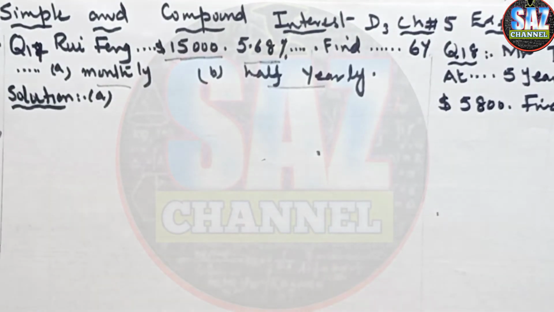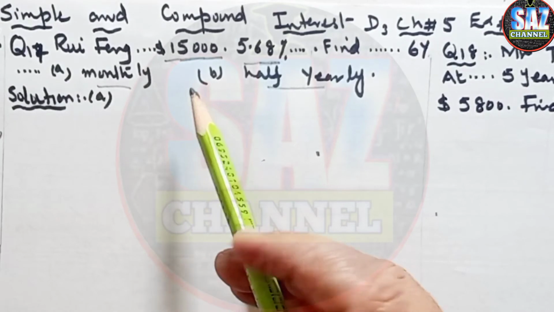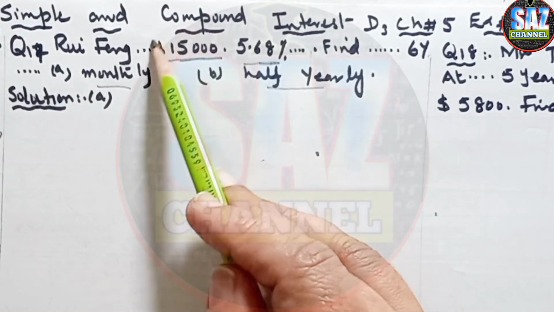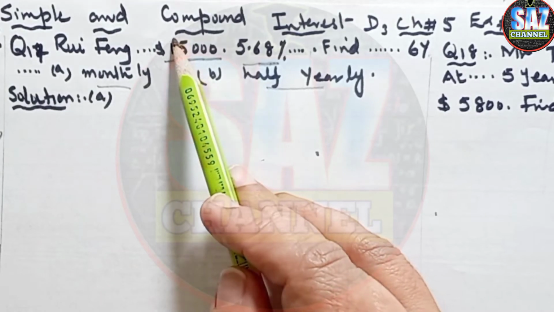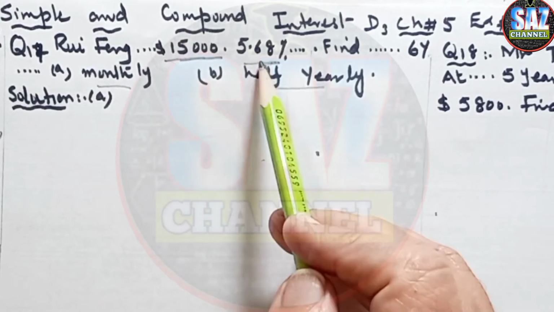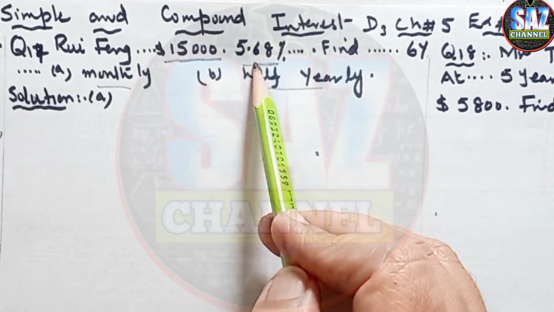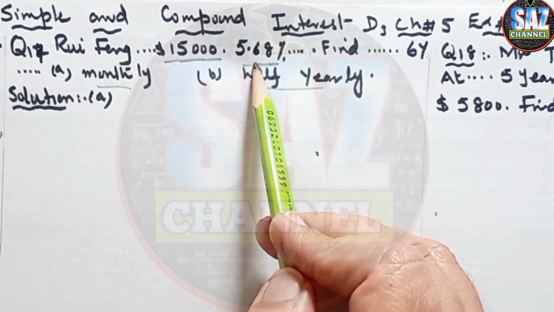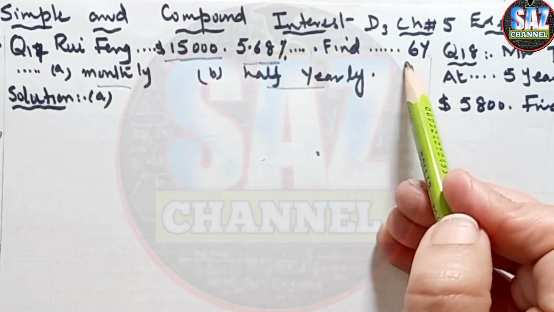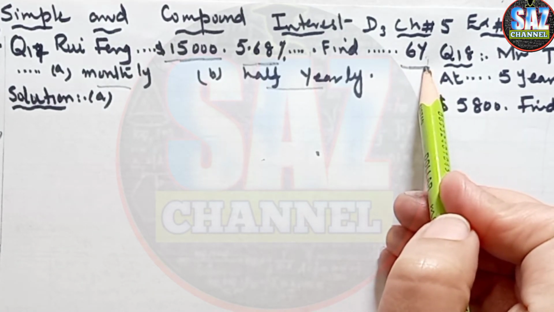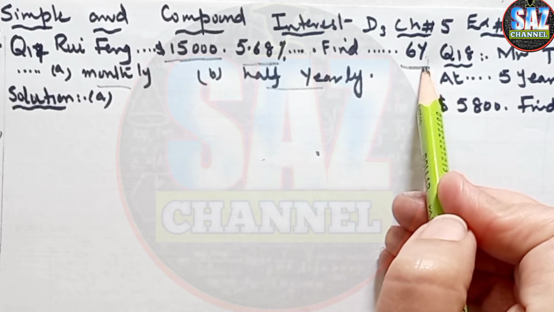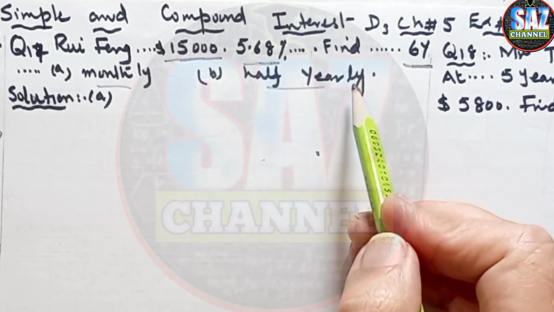Okay, let's try to understand the question. Now, Rui Feng is depositing $15,000 in the bank account, which is giving 5.6% compound interest. We have to find the total amount in the account at the end of 6 years, when the interest is compounded monthly or half yearly.